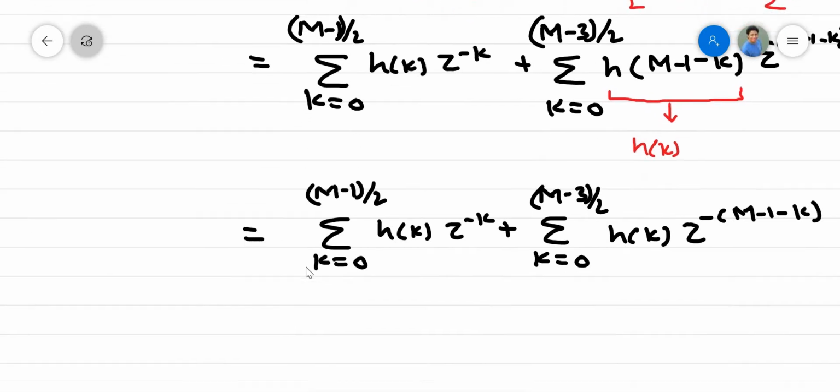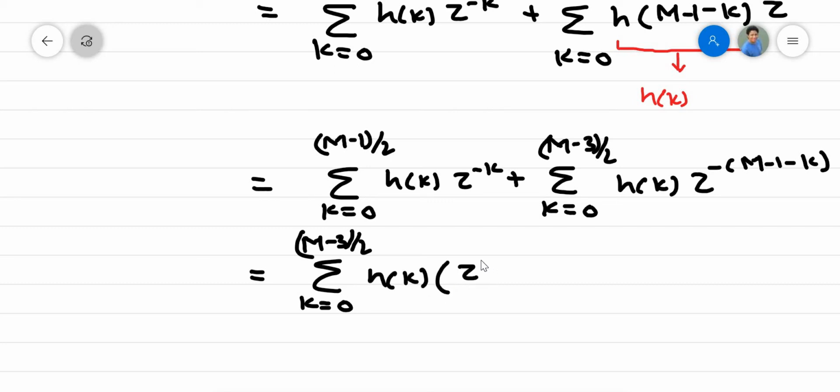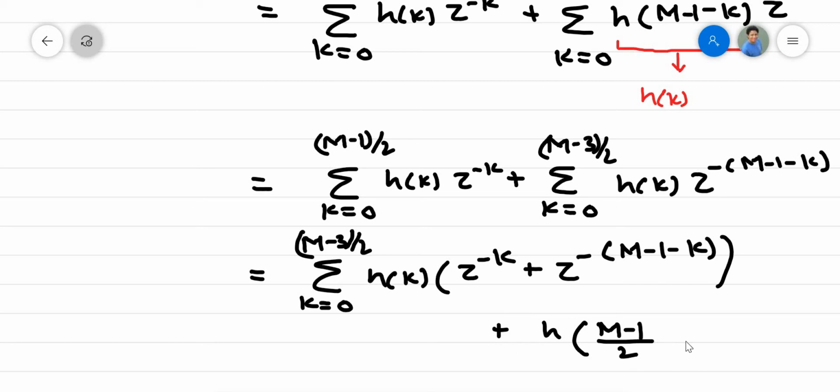Now these two parts of this equation can be easily matched if we put it like this: k equals 0 to (M minus 3) by 2, h[k] times (z^(-k) plus z^(-(M minus 1 minus k))), plus h[(M minus 1) by 2] z^(-(M minus 1) by 2).